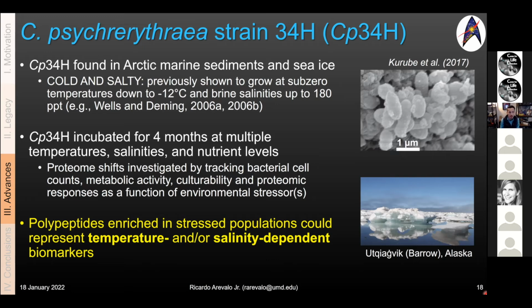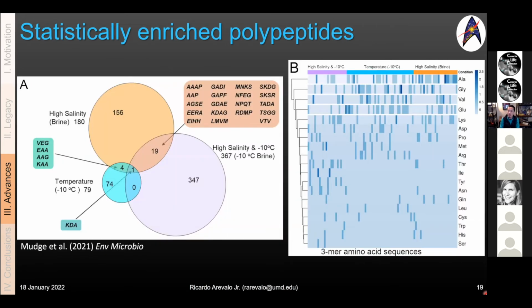So they want to see if there are any proteomic signatures, or in the case that I'm going to share with you, short peptides of 3 or 4 amino acids that are statistically enriched in the cultures that survived exposure to the coldest temperatures, in the cultures that survived exposure to the highest salinities. Because those peptides, those proteomic signatures, could be what allow those cells to survive the most extreme conditions. And thus that might be something that's shared with alien life in other cryogenic planetary environments.